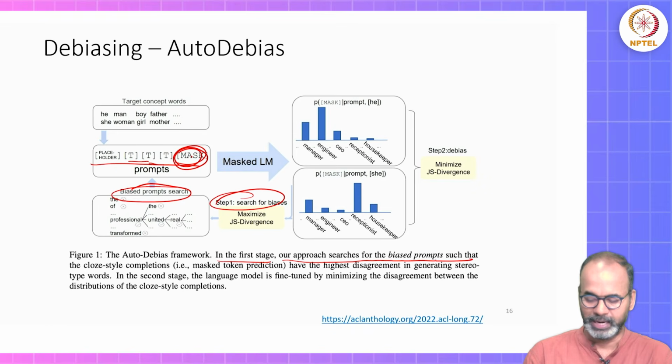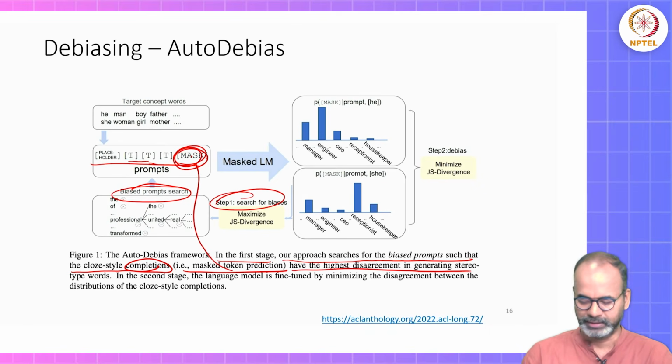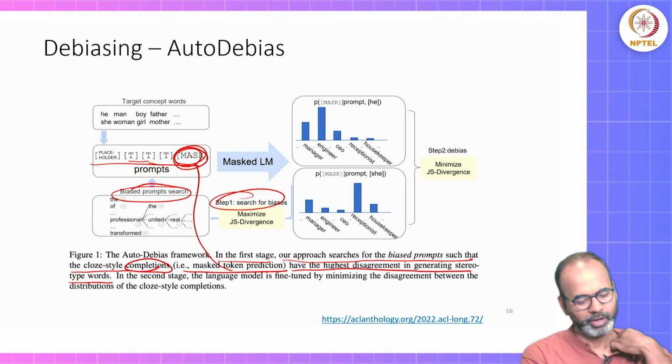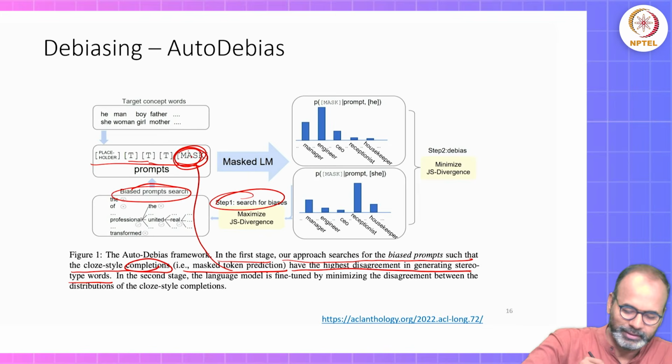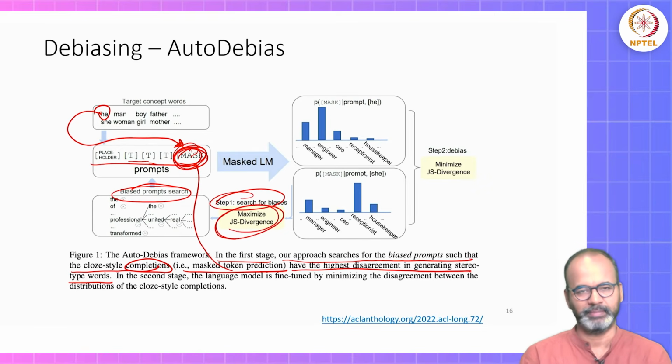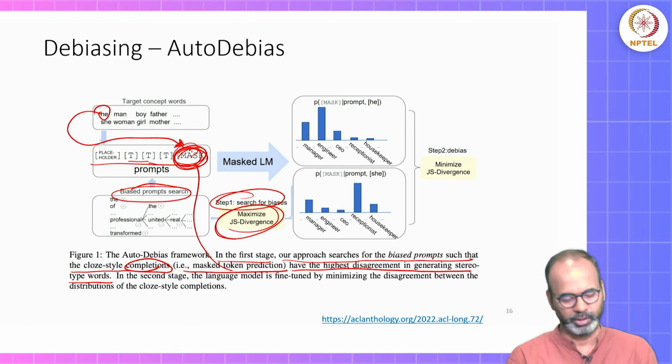Our approach searches for the bias prompts such that the closed style completions, mask token prediction, have the highest disagreement in generating the stereotype words. So he, man, boy, father, she, woman, girl, mother. It's going to take this and find out which word has the maximum disagreement and fill this word here. That's what the first goal is, maximizing the divergence and searching for the bias word.